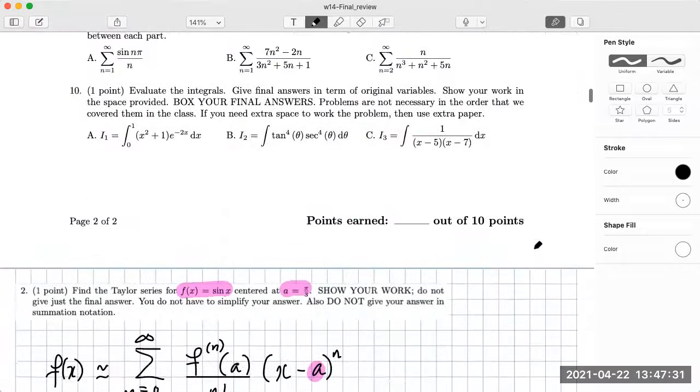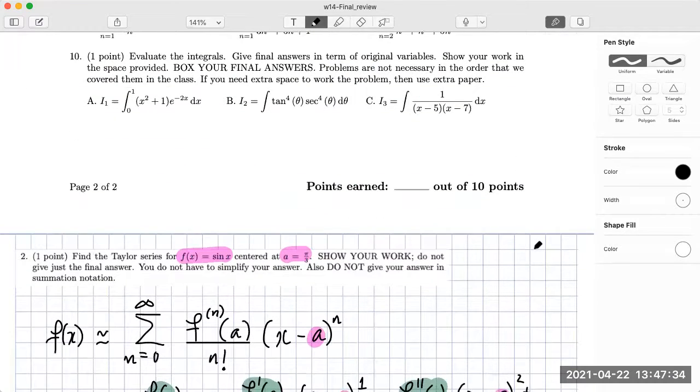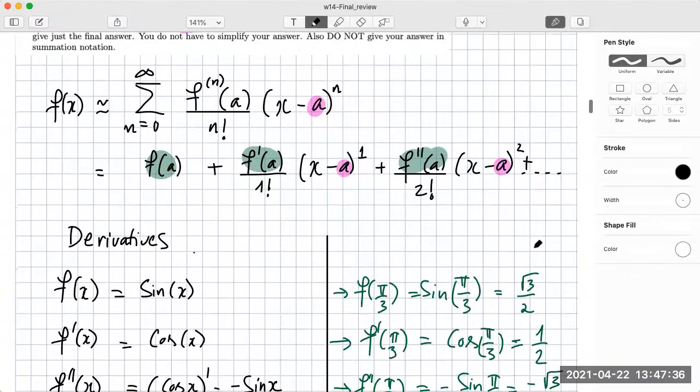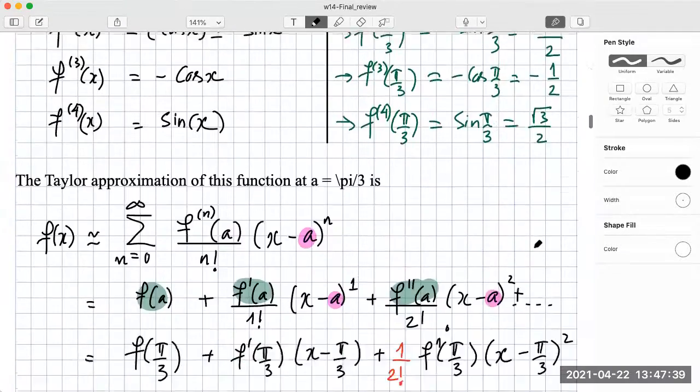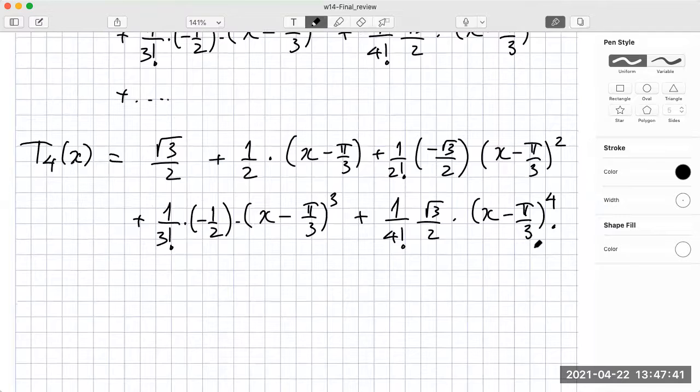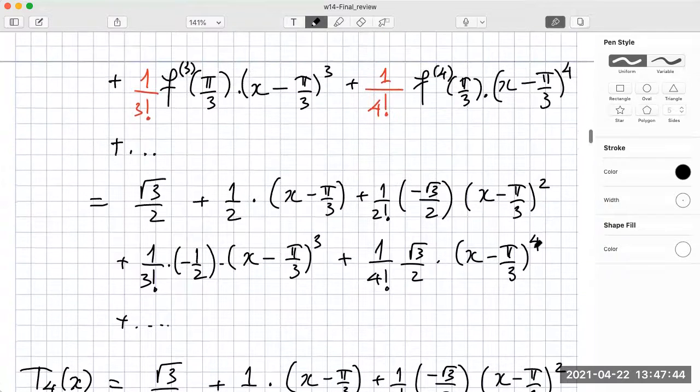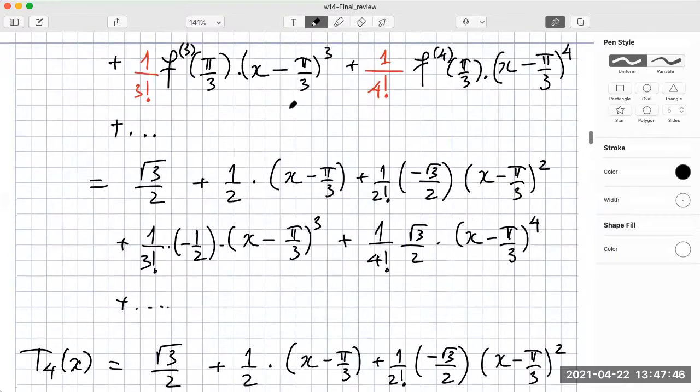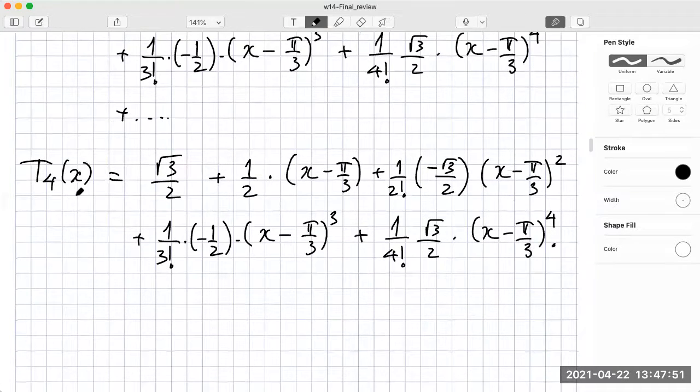Anything else? Do we need to clarify here? You don't have to simplify your answer. If we ask in the general form, it should be this and plus etc. But if we ask for the fourth order of this, then it will be this guy. We stop here. We call it the fourth degree approximation because the highest degree is the number 4 right here.